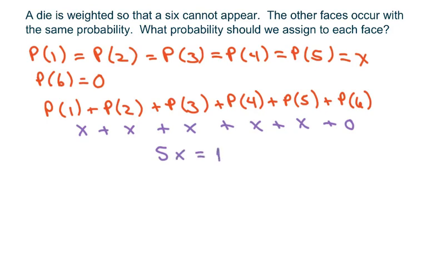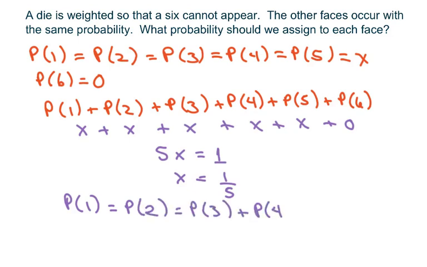We set it to 1, so x is 1/5. So the probabilities of 1 through 5 are all equal to 1/5. And of course, the probability of rolling a 6 is 0.